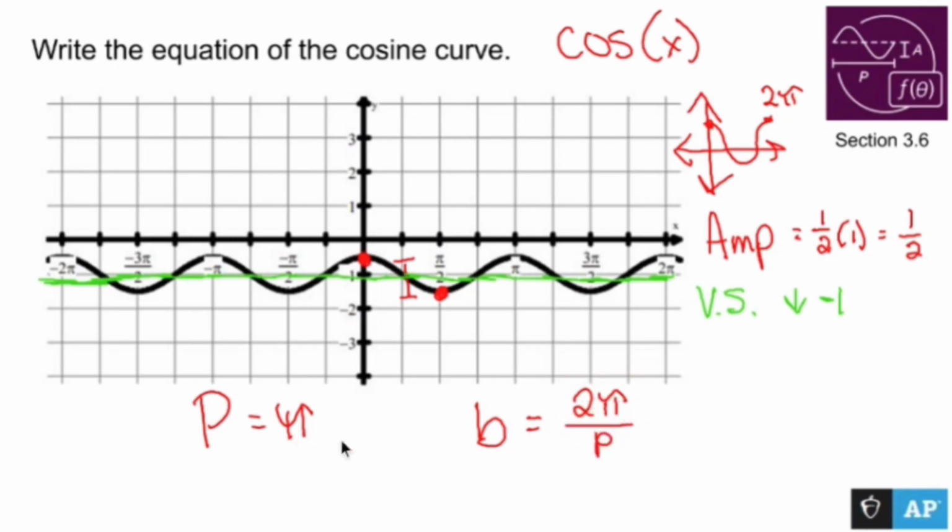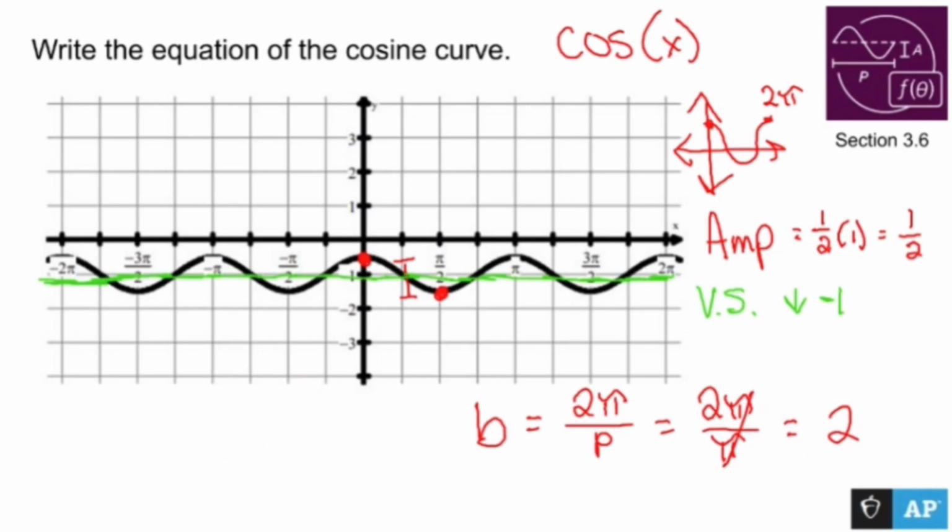The period is pi. So this is going to be 2 pi divided by pi. Pi's cancel out. So my B, or my frequency, is just going to be 2.